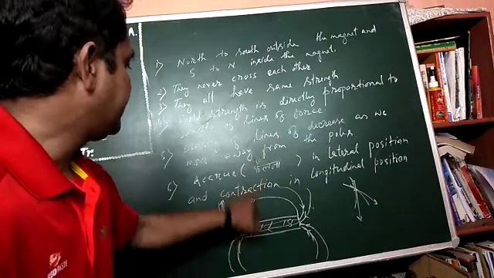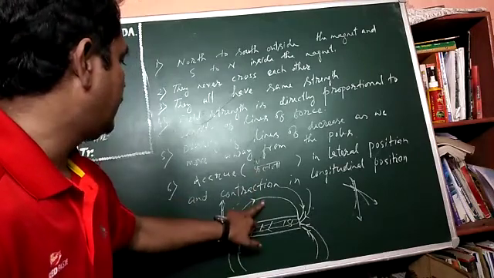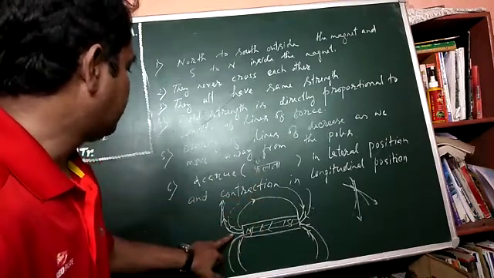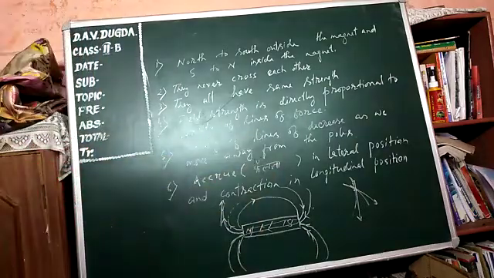So here density is less and here density is more. So we can estimate the field: field is more here and less here. Field strength is directly proportional to the density. If the density is more, field strength will be more. If the density is less, field strength will be less.